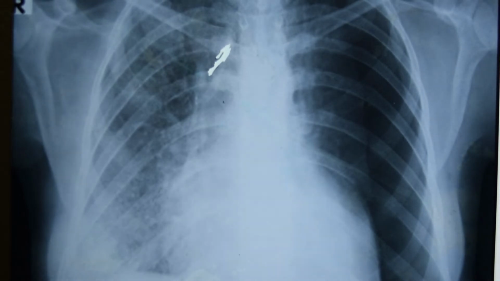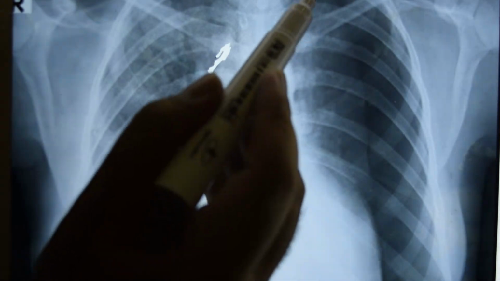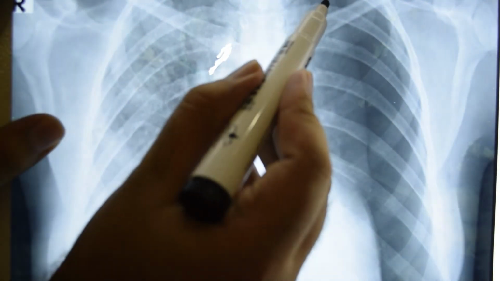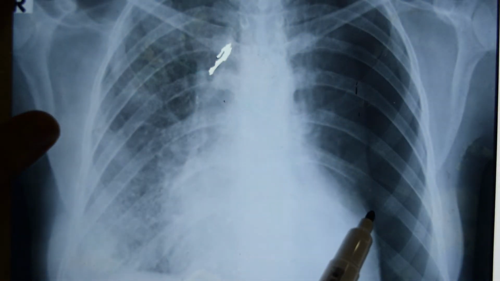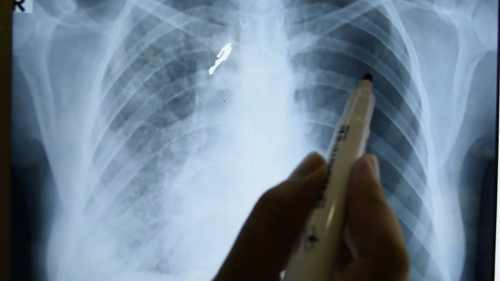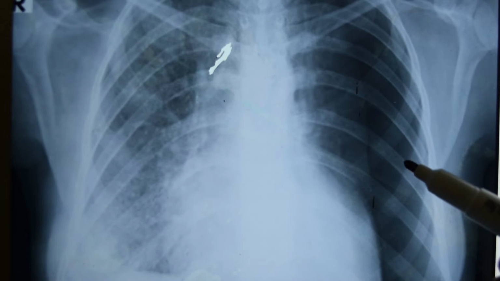If I draw it, here it is clearly coming downward, and a thin border of this is exactly the visceral pleura. A thin border of visceral pleura is traceable here, and in this area there are no lung markings.